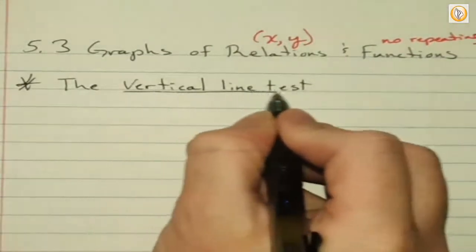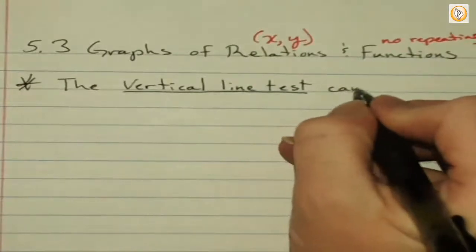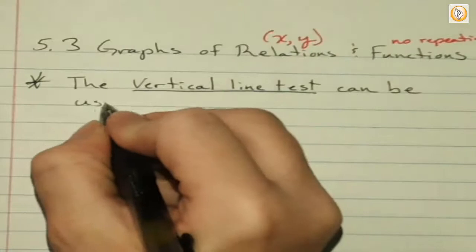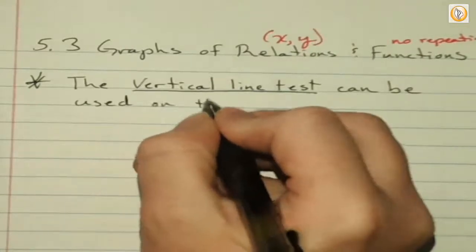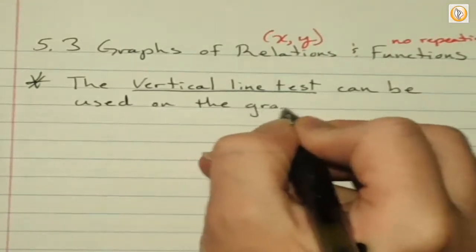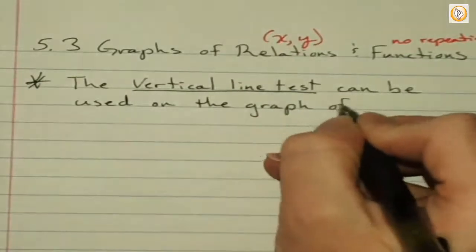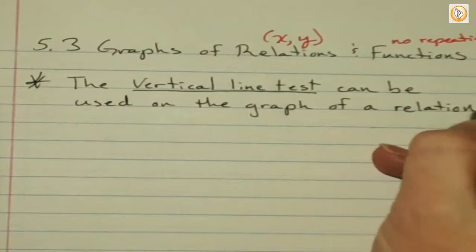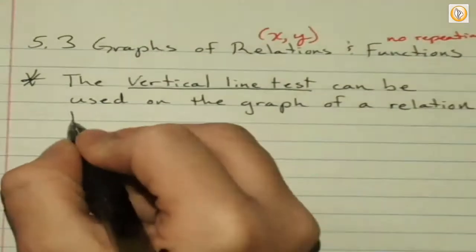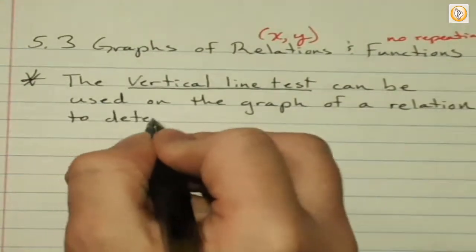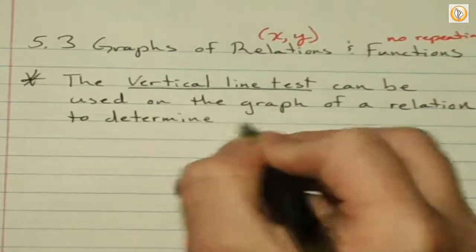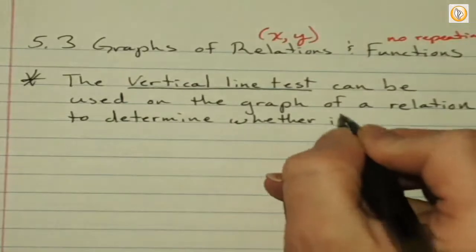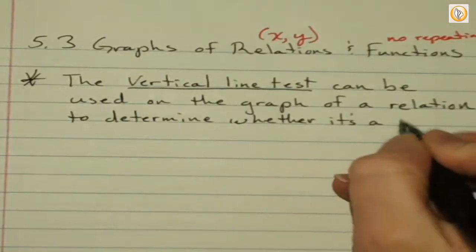The vertical line test can be used on the graph of a relation to determine whether it's a function.